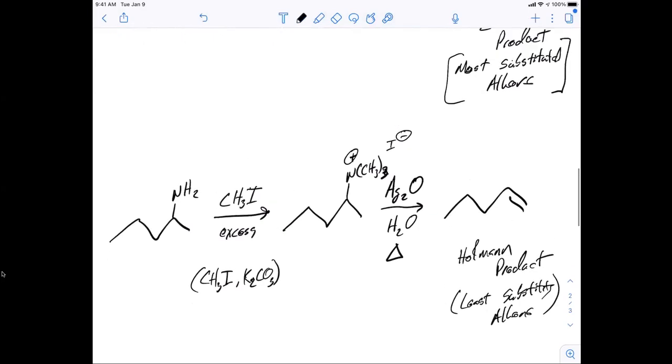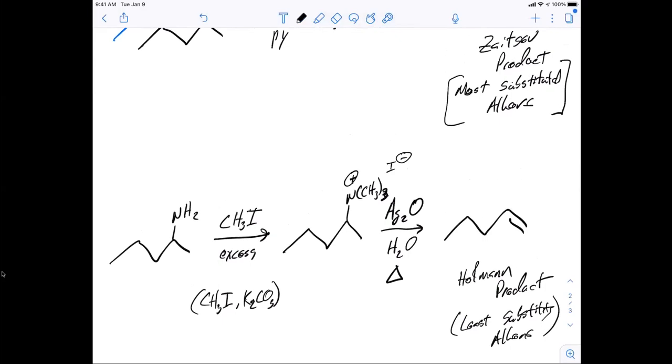So similar process, right? We take our amine, we activate it.